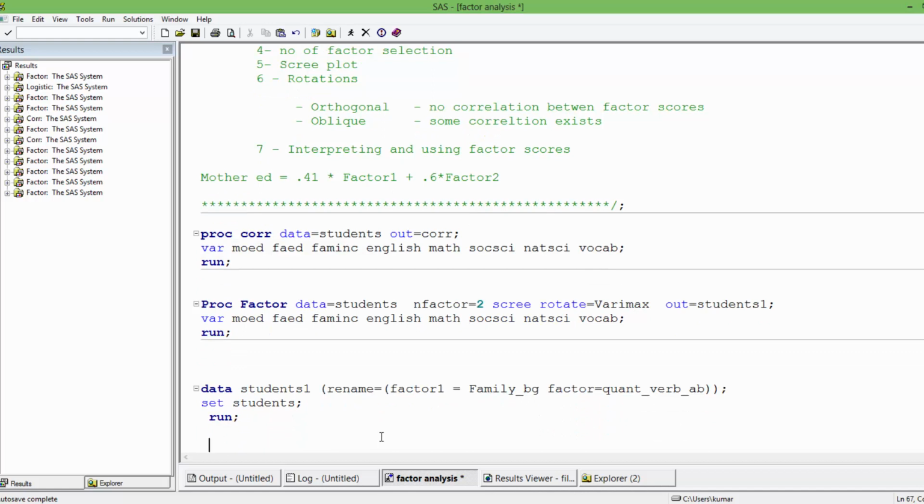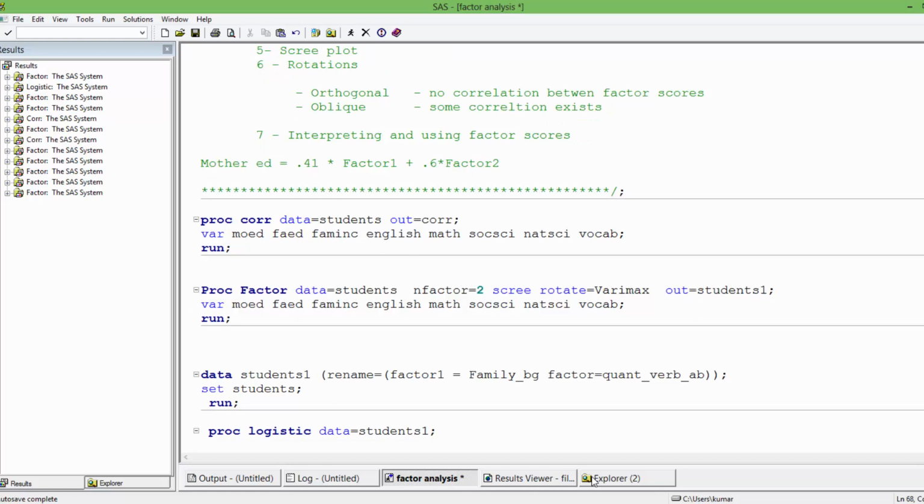The further analysis that we will be doing on these factors is to model whether a student is a good student or a bad student. As I have already shown you, the dependent variable is student type, which is a dichotomous one, so we'll be using proc logistic, right? Student type is my dependent variable.